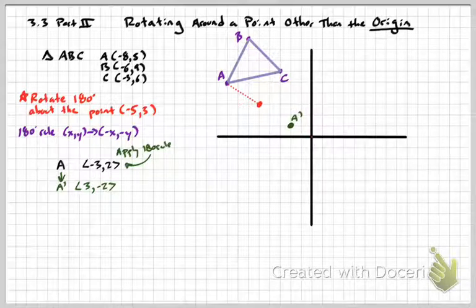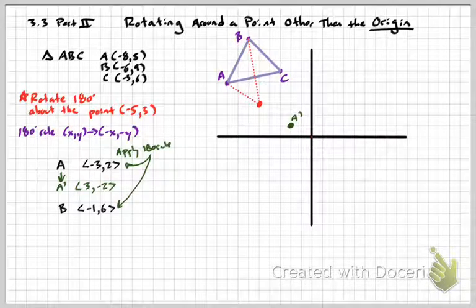Let's focus on point B now, and we're going to do the same exact thing. So you can go ahead and draw the vector if you want to, if it makes it easier for you. I don't care. But remember, you start with the horizontal movement, and then you count the vertical movement. So I go left 1, and then I go up 1, 2, 3, 4, 5, 6. So that's a -1, 6 vector. Apply the 180 rule to that vector.